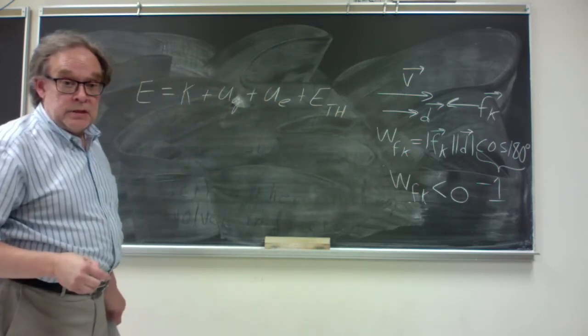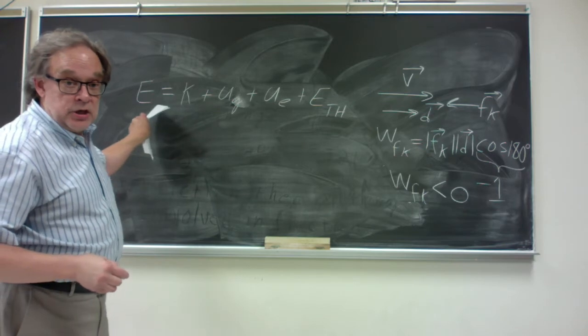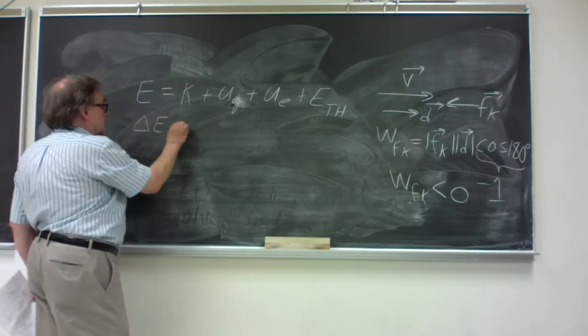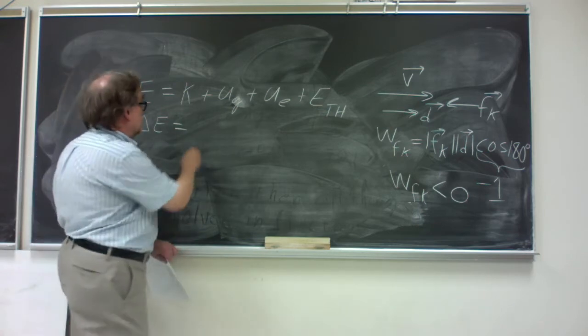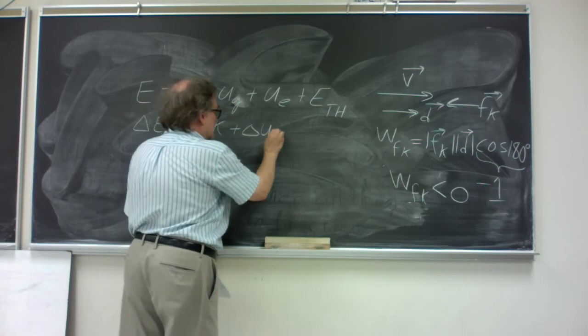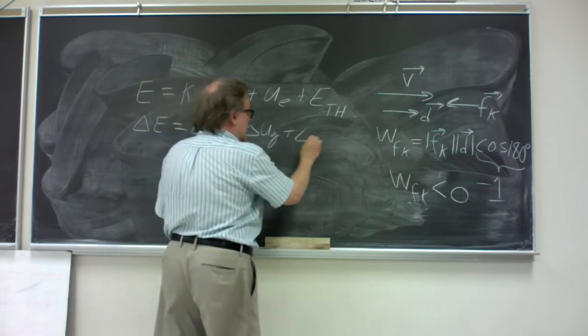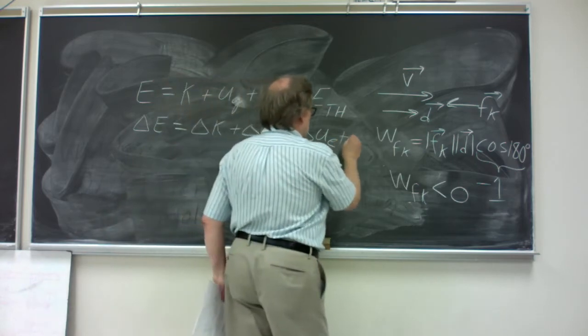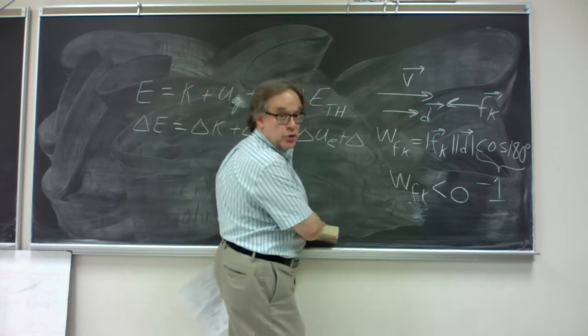So that means if there is any change in the system's total energy, that could come about through a change in kinetic energy and or a change in gravitational potential energy and or a change in elastic potential energy and or a change in the thermal energy.